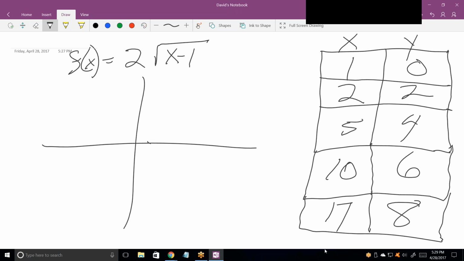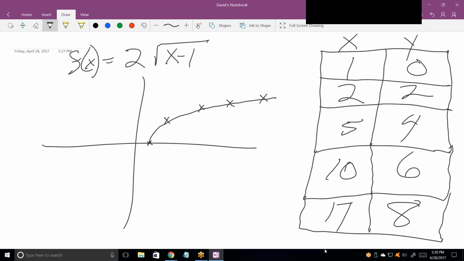There's 1, 0. There's 2, 2. There's 5, 4. There's 10, 6. And there is 17, 8. And you'll notice what you're looking at is the square root function.